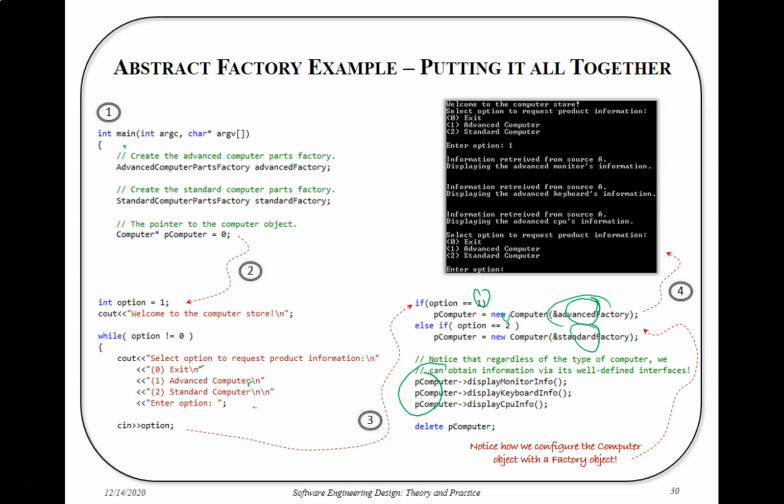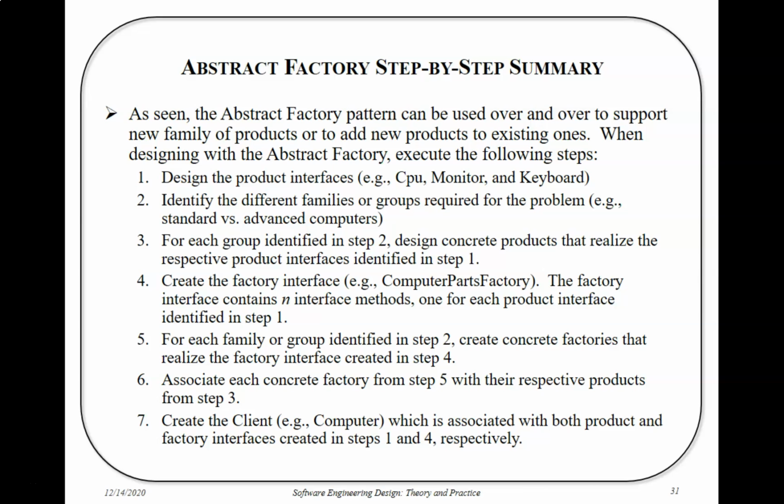So the computer client doesn't need to know what kind of object is passed during runtime. If you still remember the OCP, the open close principle, this complies with the open close principle.